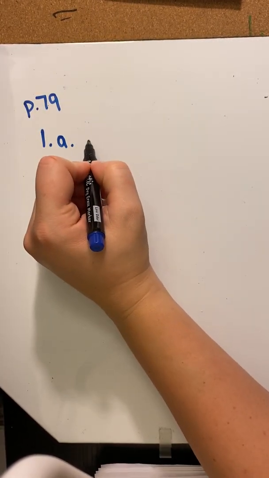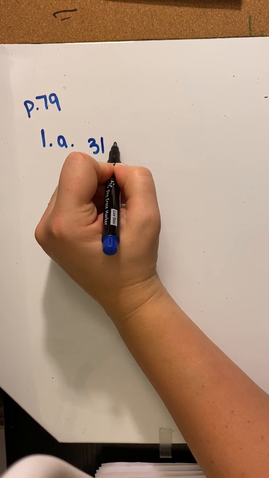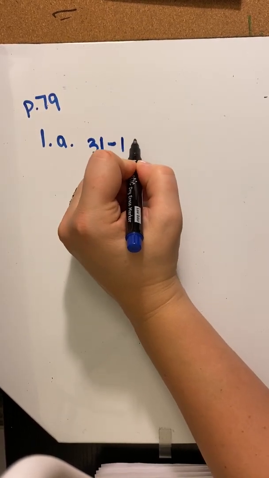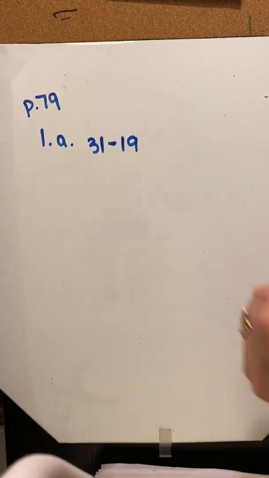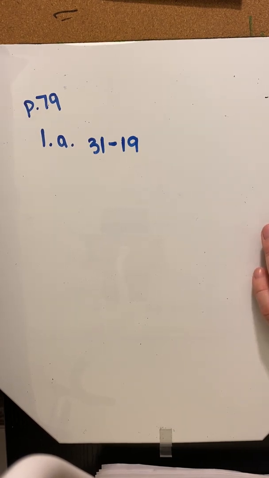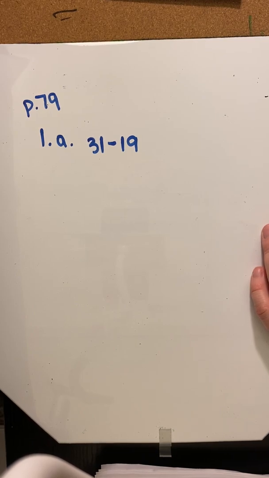And this problem shows 31 minus 19. Okay, and the directions say solve vertically. Draw a place value chart and chips to model each problem. Show how you change 1 ten for 10 ones when necessary.